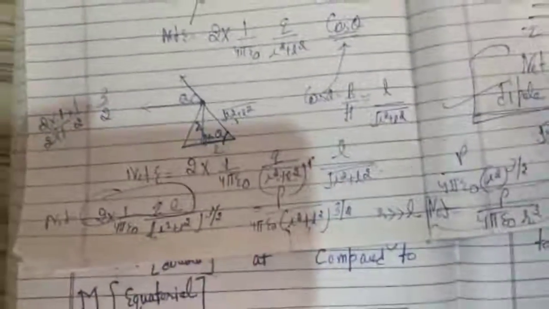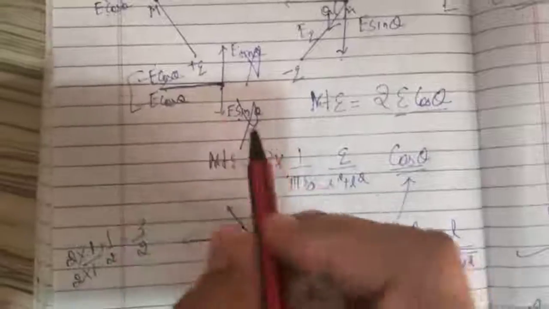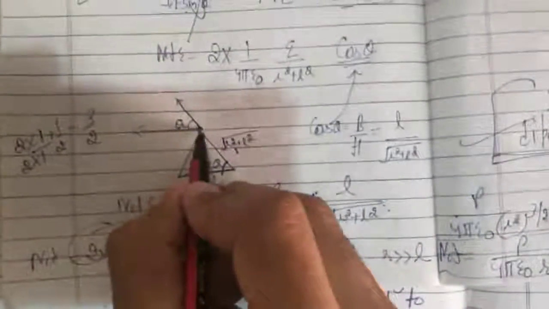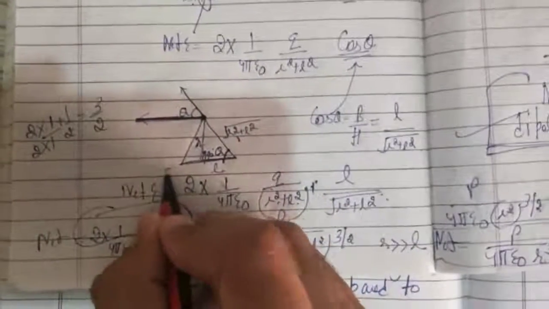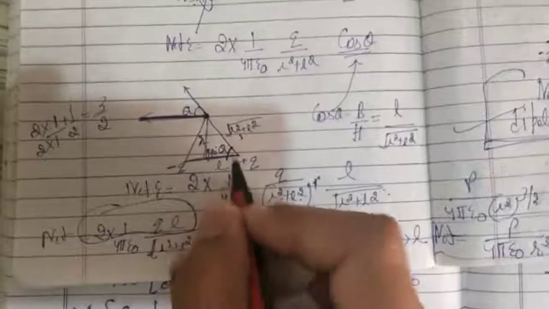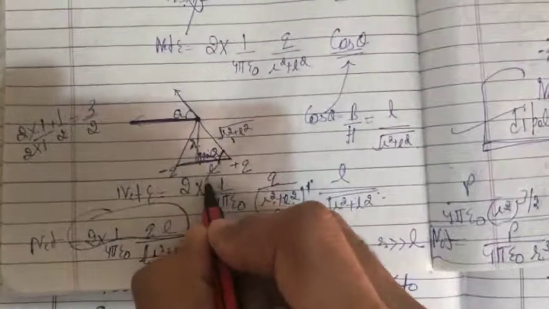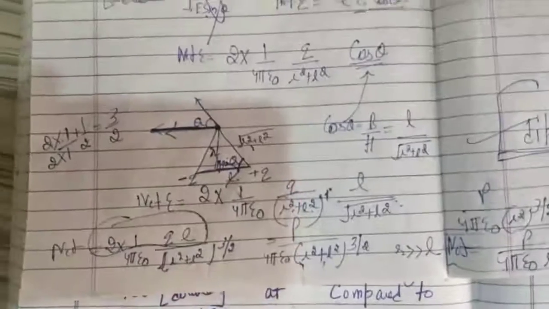So what is the direction of this? The direction is this. This is the direction of net E. We have taken minus Q and plus Q, and the direction of the electric dipole moment is from minus Q to plus Q. The net E direction is opposite to that.